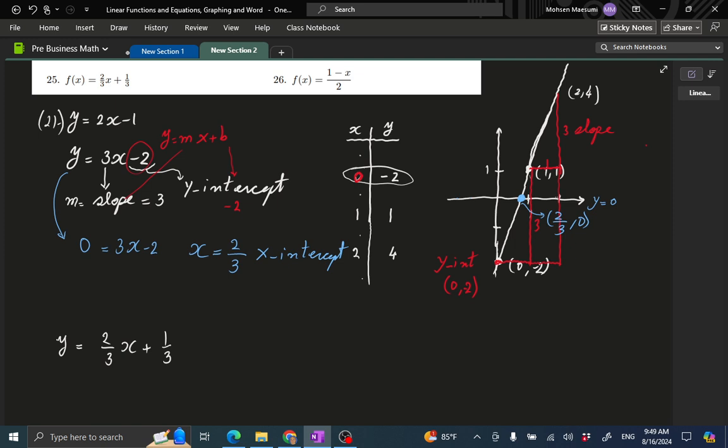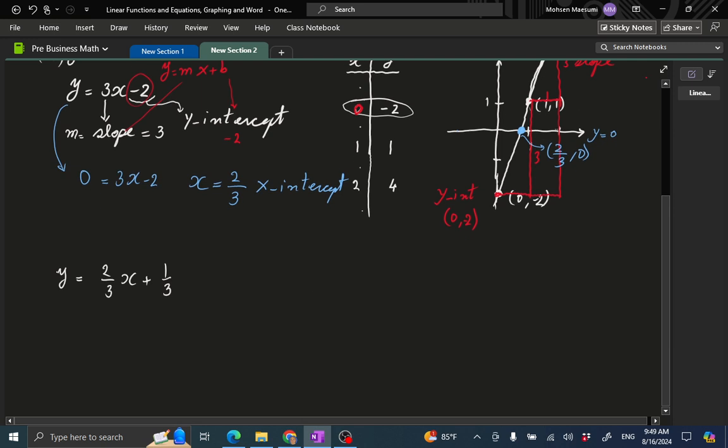So as far as answering some of the basic questions here, we can say the slope, because our equation is written in the form y is equal to mx plus b, your m is the slope, so this is slope 2/3. Your y-intercept is going to be the number that's added, so that's going to be 1/3.